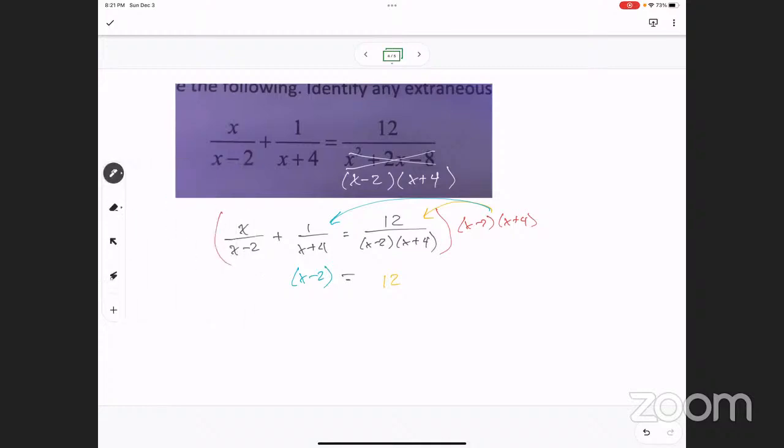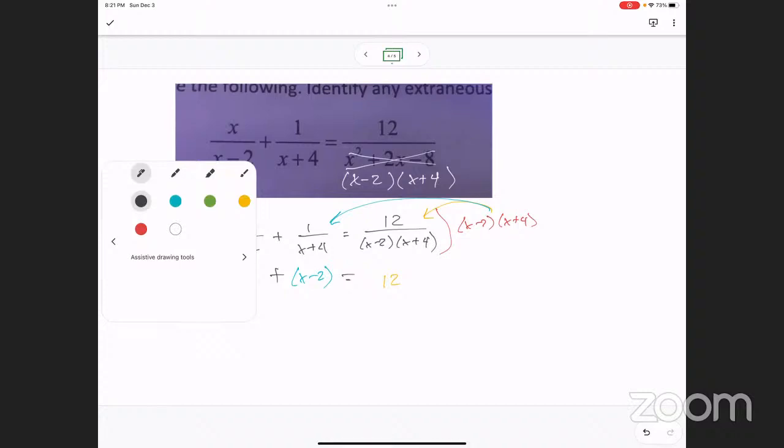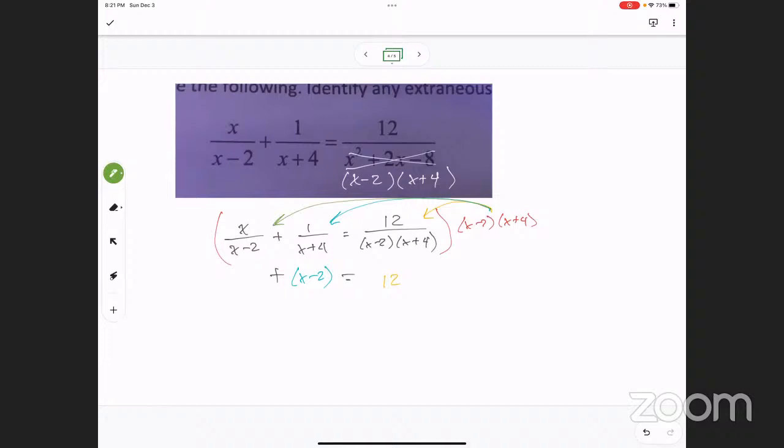When I multiply it here, the x minus 2 cancels out, and you're just going to have an x plus 4 left, multiplying the x up there. So you see how simple that was? I cleared my fraction, and now I've got a very simple quadratic equation.